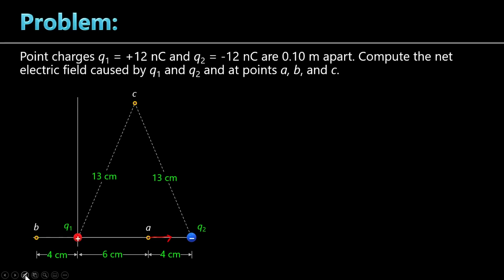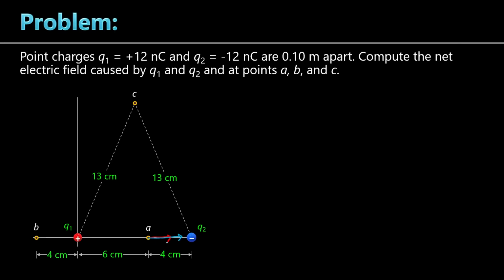Gagamit ako ng panibagong color, halimbawa blue, kasi blue siya. Since negative yan, dapat ang electric field ay papunta sa kanya, towards negative. Ito siya ngayon. Yung red, yun ang electric field due to Q1, and yung blue, this is the electric field at point A due to Q2.